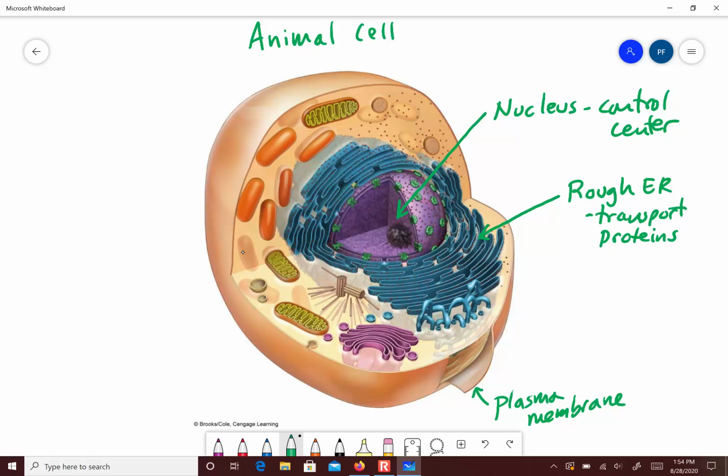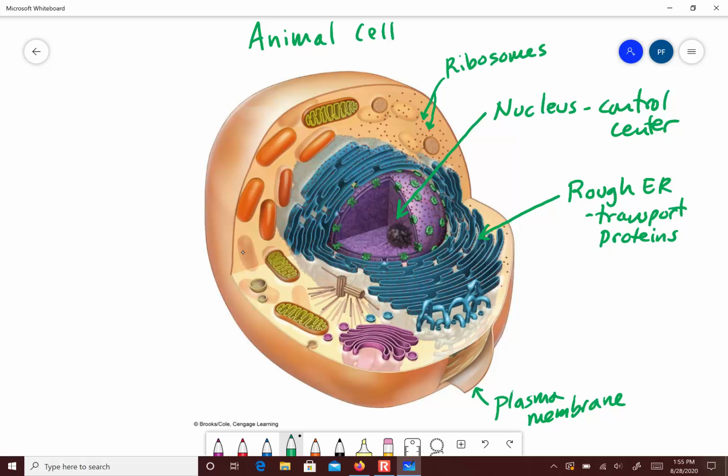If you remember back to our bacteria cell, do you remember what makes proteins? What makes proteins are these little red dots that are inside the cell here. Those were called ribosomes.